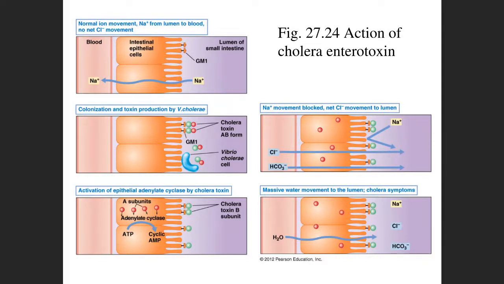And so what happens is that when bacteria are growing in someone's intestinal tract, the cholera toxin will be produced by the cholera, right? And then it binds to the GM1 receptor. And then ultimately what will happen is that the adenylate cyclase gets activated.